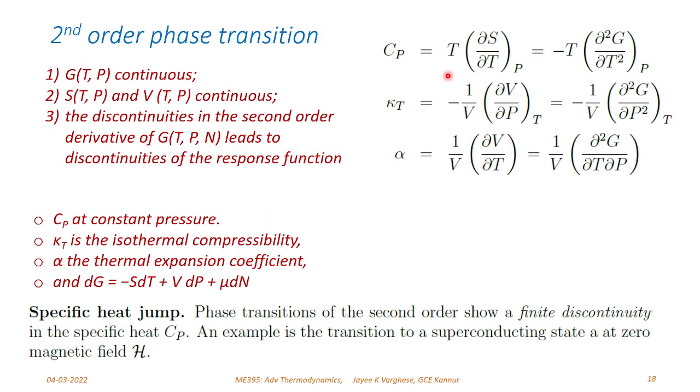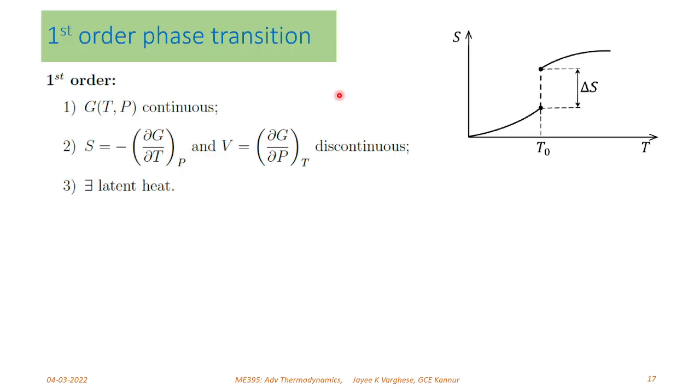In second order phase transition, from the fourth equation we can write entropy is equal to minus dou G by dou T at constant pressure, and volume equal to dou G by dou P at constant temperature. And for first order phase transition, this becomes discontinuous. First order derivative itself becomes discontinuous.